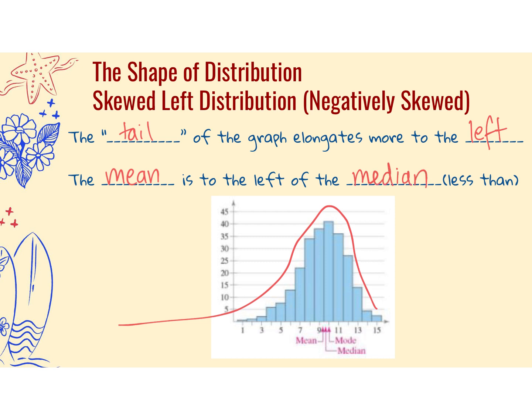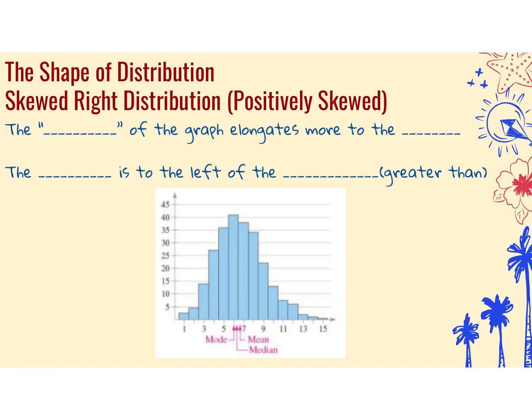Now, something about skewed is that when you're looking at a skewed graph, you want to think the opposite. So if we look at this graph, most of our data is on the right side of the graph. That means that it's skewed left. If most of the data is on the right, you're skewed left. So for our next one, when most of our data is on the left, then we are going to be skewed right.